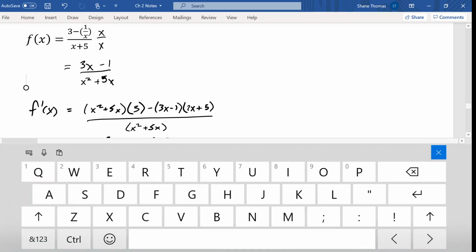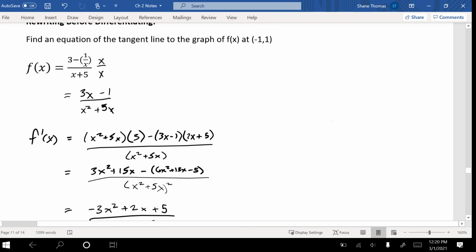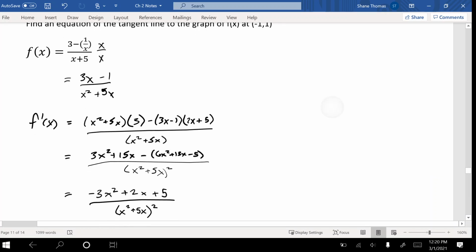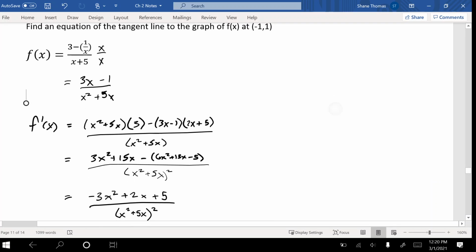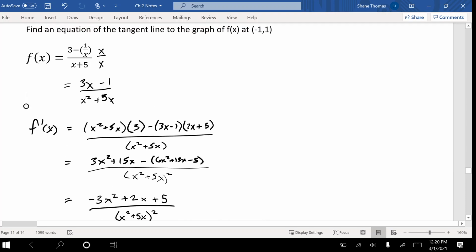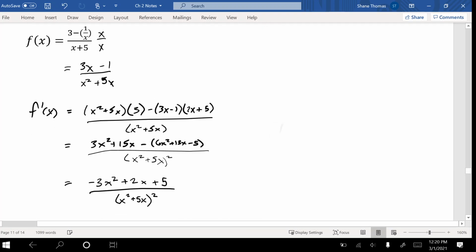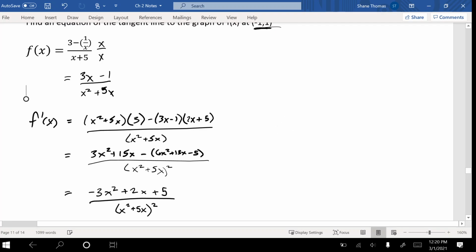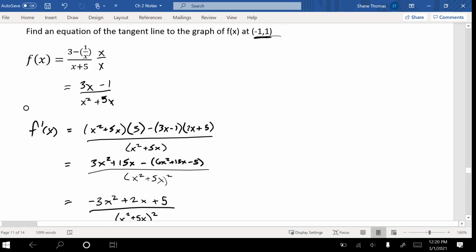Okay, now what does it ask me for? There's my derivative. It asked me for the equation of the tangent line to the graph at negative 1, 1, right? So right there is my function. I have the point that I want this at, so what do I need to plug in for x then? Negative 1.